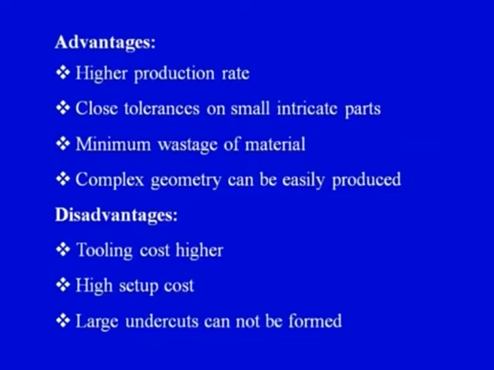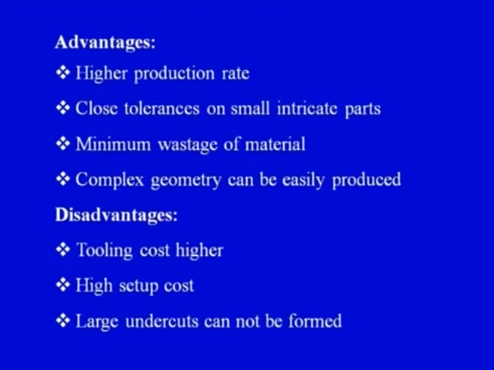Complex geometry can easily be produced, which I have already highlighted in point number 2, that intricate product designs can be achieved with the help of the injection molding process. So, once again, the important advantages of the injection molding process on your screen are: high production rates, close tolerances with intricate parts, minimum wastage of material, and complex geometry that can be easily processed.